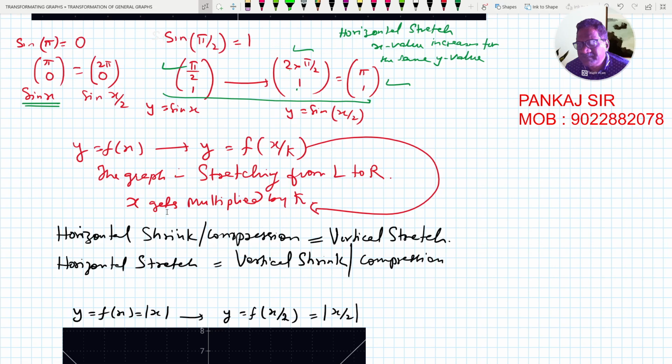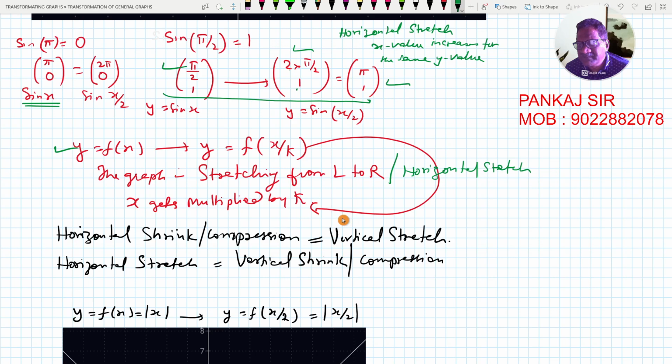And now I'm going to talk about these transformations in a general way. If y equals f of x is a parent function, and it is transformed to y equals f of x upon k, where k is of course a positive number, then the graph will be stretching from left to right, or you can say there will be a horizontal stretch, and the x coordinate will get multiplied by k.